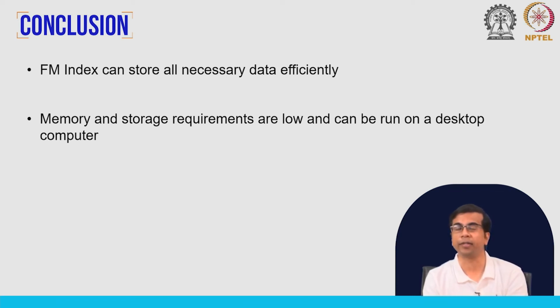Suffix array and hash table take about 12 to 15 GB of memory for storing human data. Here you can get away with only 1.5 GB, so it is almost 10 times less. That means you can now run this mapping on your desktop computer quite easily.